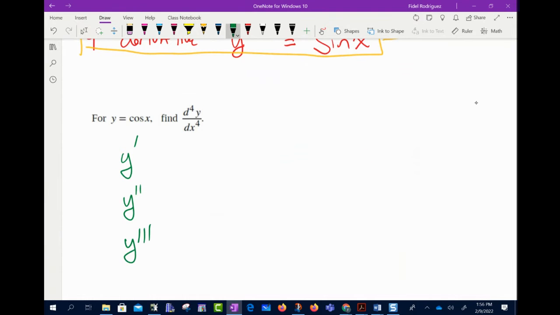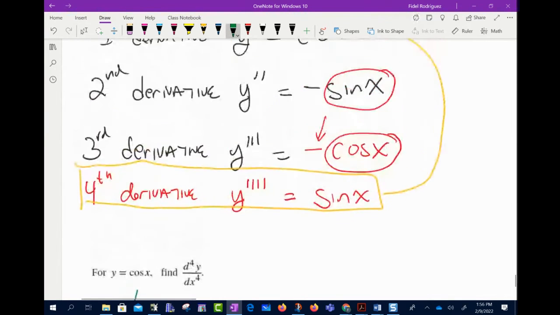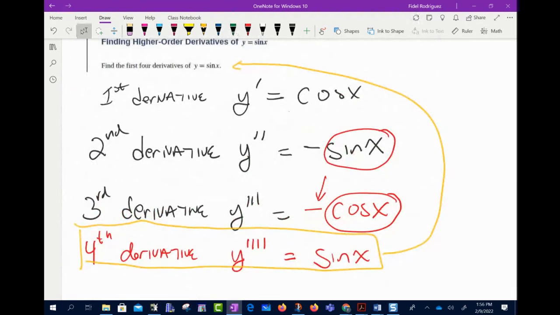Don't make it harder than it needs to be. Look, I'm going to show you something. If the fourth derivative takes me back to the original function, what would the fifth derivative look like? It would be the first derivative. So go slow, guys.